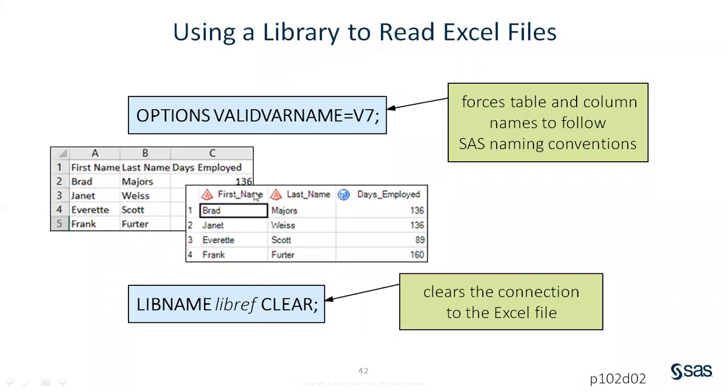So in case you want to overcome this issue, you can always write the system or a global statement called options and write validvarname equal to version 7, or engine 7. So what this means is if you give this option validvarname equal to v7, this will force the table and column names to convert into SAS naming convention.